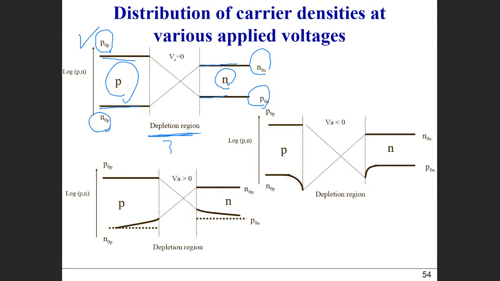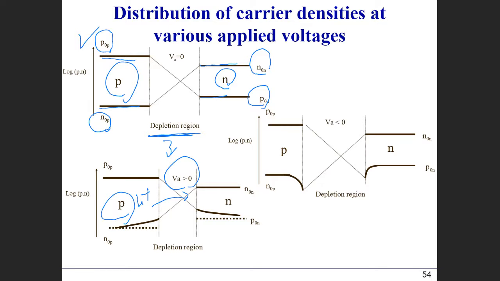Now, when you apply the forward bias in the p-n junction, the forward bias makes the barrier height between the p and n lowered, and this lowered barrier height promotes the diffusion. So in other words, the hole in the p side is moving to the n side.